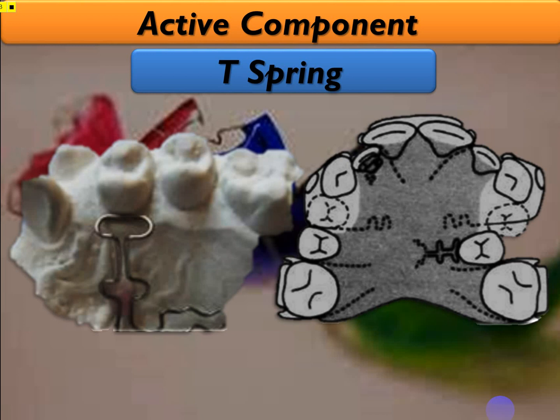The T spring, as you can see in the picture, is used for the buccal movement of the posterior teeth, or movement of one single tooth in buccal direction, like the premolars.